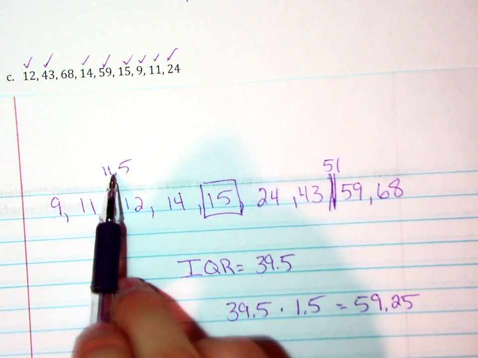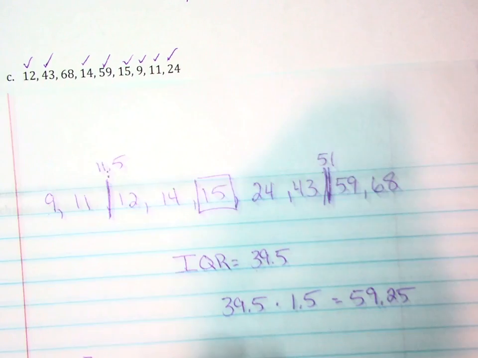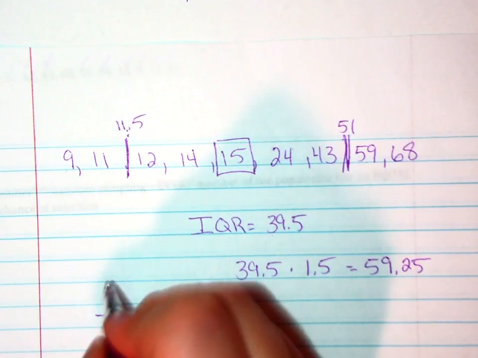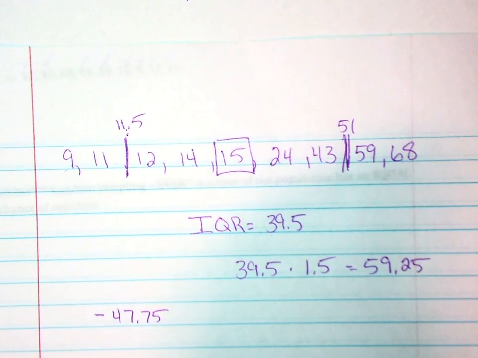So I will take 11.5 and subtract 59.25. And my lower boundary starts at negative 47.75.